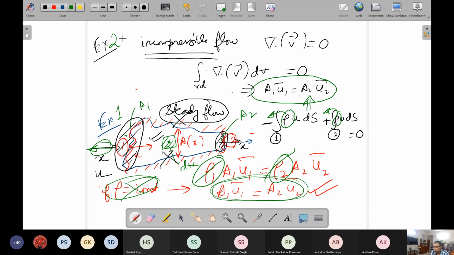Sir, though both equations turn out the same, in the first example, at only sections 1 and 2 the density needs to be the same, but in between it has to be some other function. It may or may not be, but that will be compensated within the volume between those two surfaces. So in example 2, you are not allowing that. No, density variation is not there.